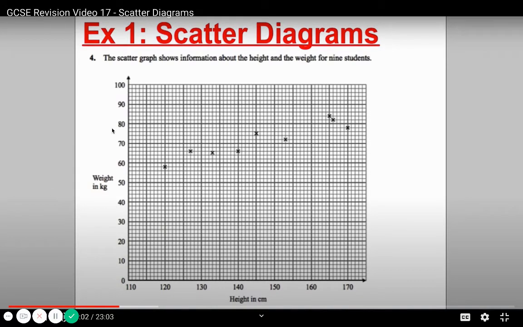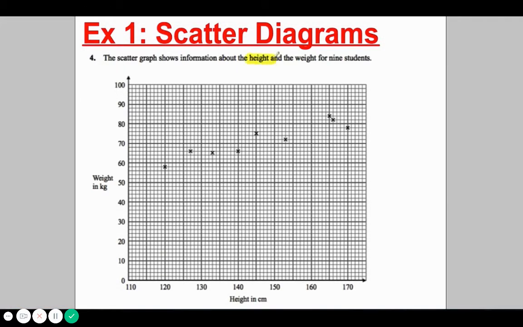It's always important to read the question and understand what the scatter diagram is about, and then read the labels and understand how the x-axis and the y-axis have been divided. This question says, the scatter diagram shows the information about the height and the weight of 9 students.